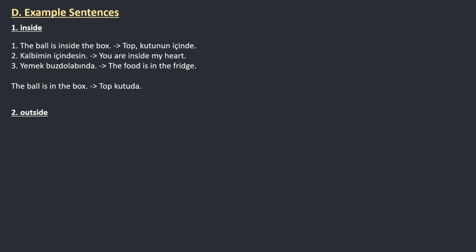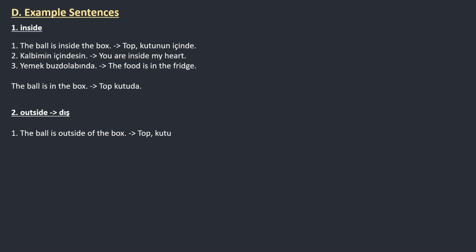Let's do the outside. Let's just jump to it. How do you say outside? And remember them. Outside is dış. So the default sentence again, the ball is outside of the box. With this one, we indicate the possessive relationship, outside of the box.